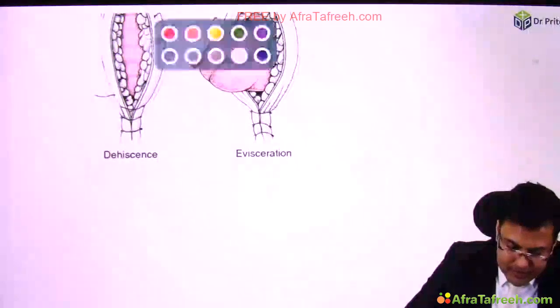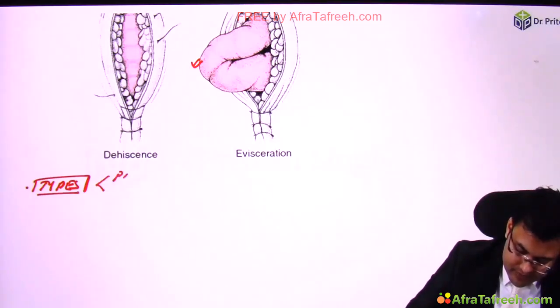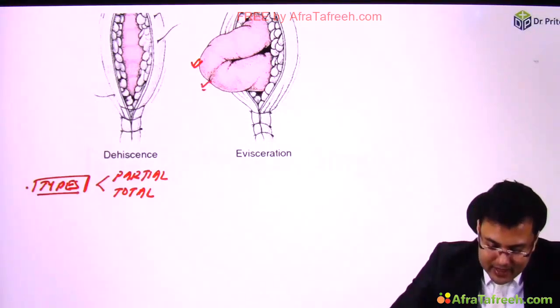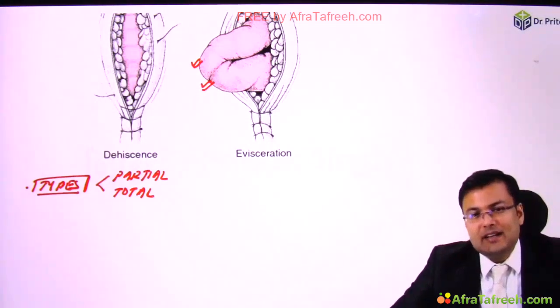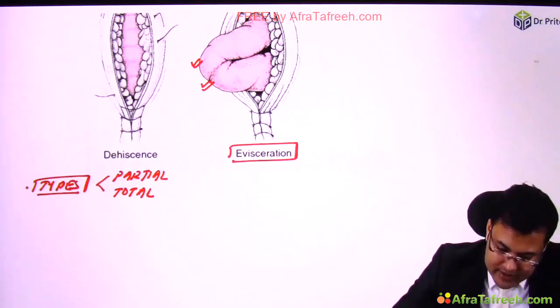We discussed the types. It is of two types, partial or total. And after total disruption, if there is extrusion of abdominal viscera, this is known as evisceration. So what is this evisceration?